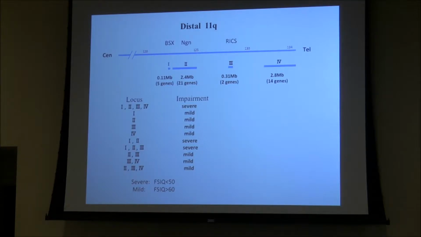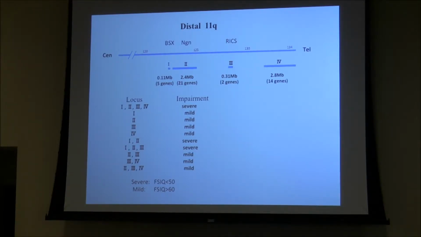So now I'm going to move ahead to show you what our current model is. I know that this is a very busy slide, but let me tell you about the extremes, and then I'll show you how we've gone about refining this. Intuitively, what we've clearly found is that the patients we've assessed that have the highest IQs, which are basically in the low normal range, high 70s, even low 80s in some cases, without exception, those individuals have the smallest deletion.